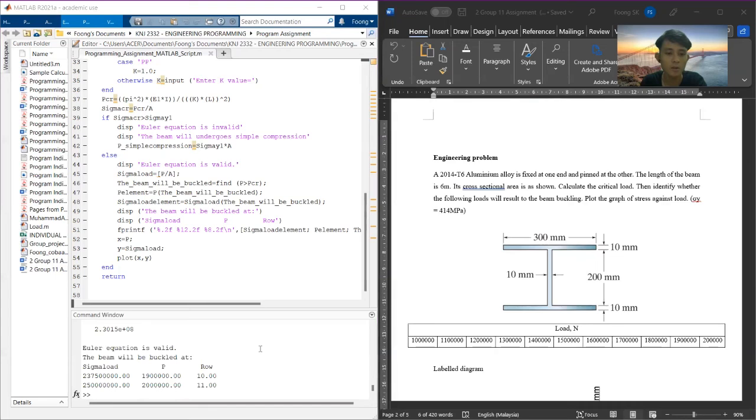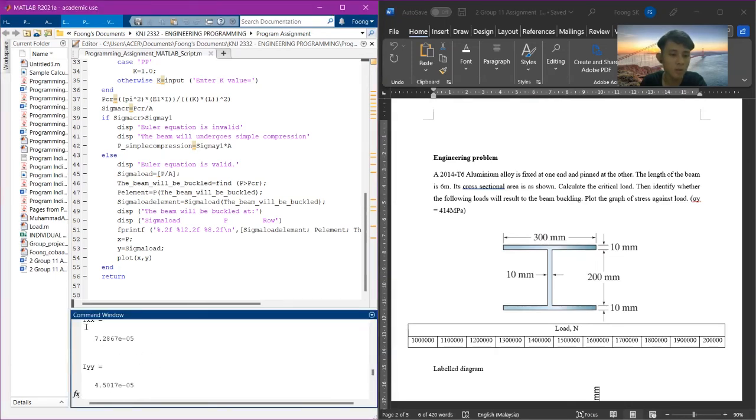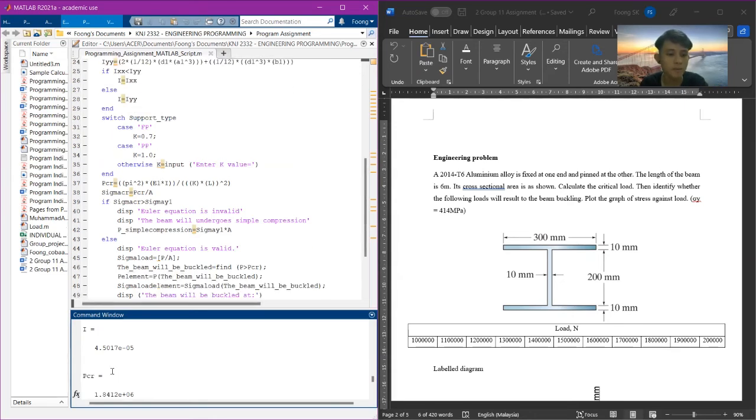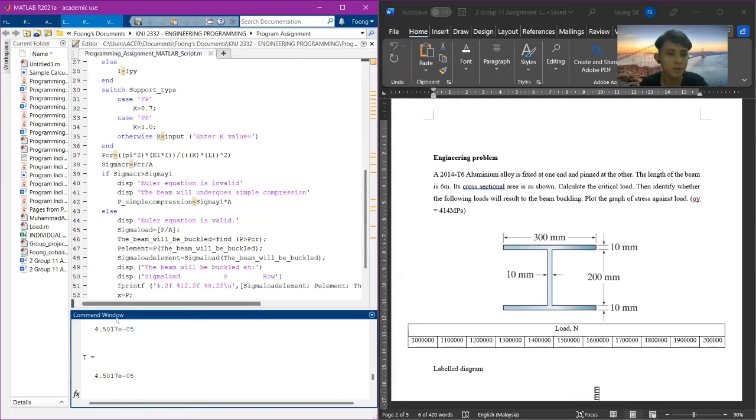Then from the command window, you can see that it calculates the moment of inertia at x-axis and moment of inertia at y-axis, and it will choose using the if-else command.